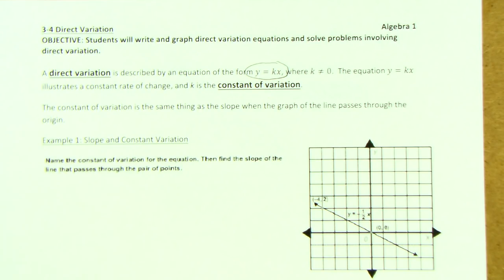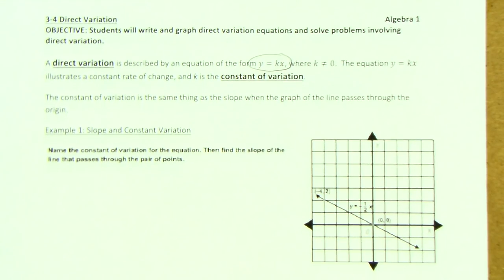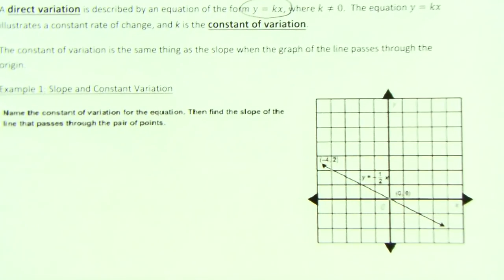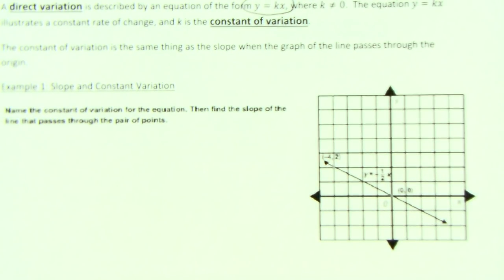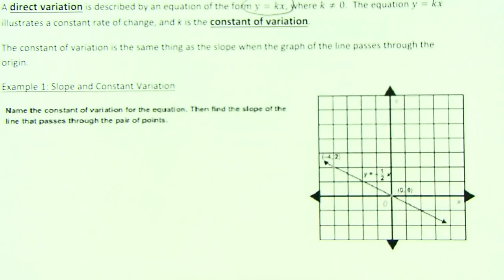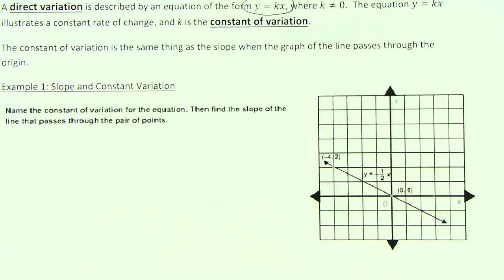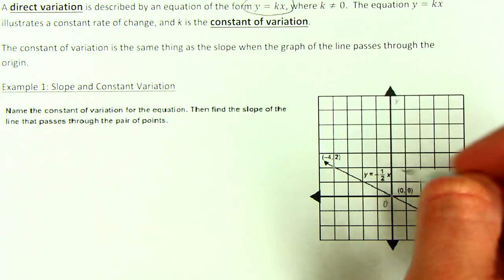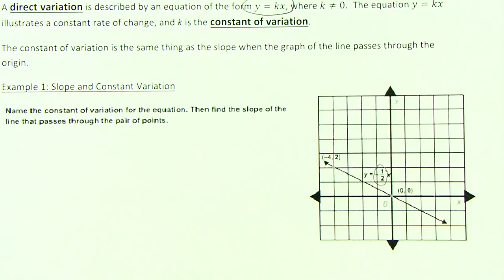Okay, so the first type of question you are going to see is this one right here. It's not even a question really so much as an example. It asks you, first of all, what's the constant of variation for the equation right here, which is -1/2.